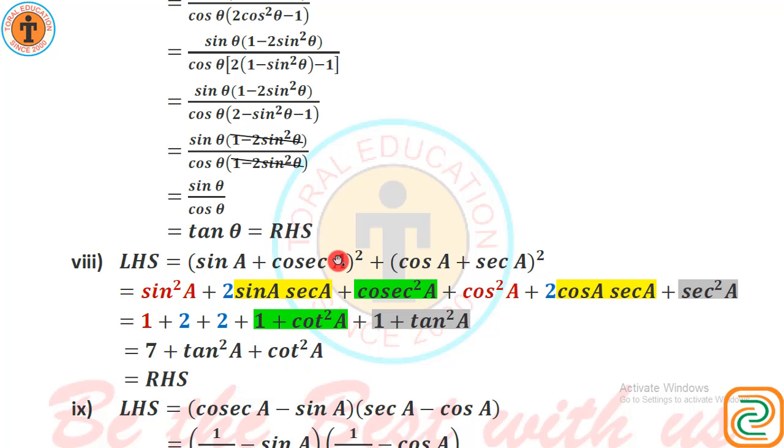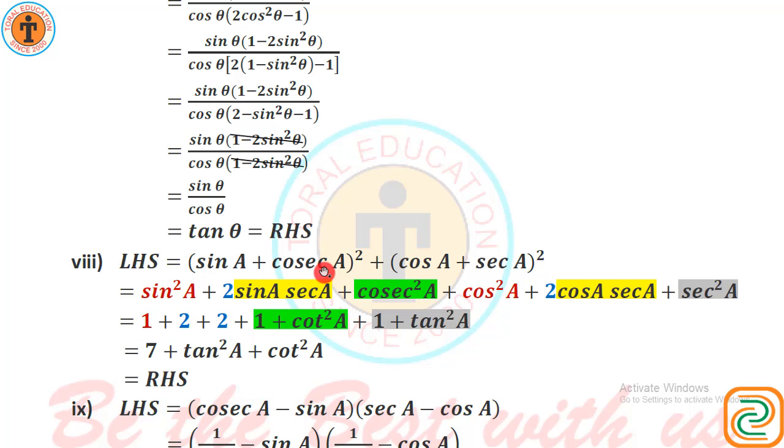So, we can take identity (A plus B) whole square. Is it? A means sin square A plus 2 into sin A into cosec A, sin A into cosec A, not sec but cosec.